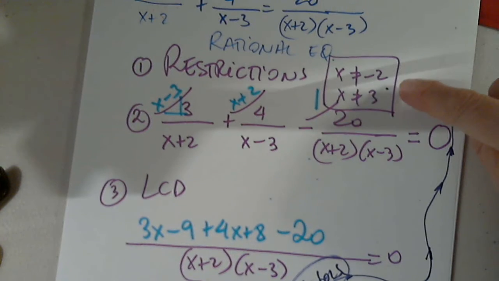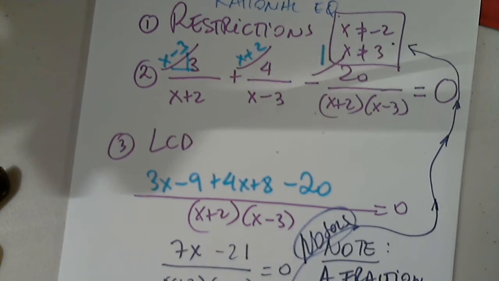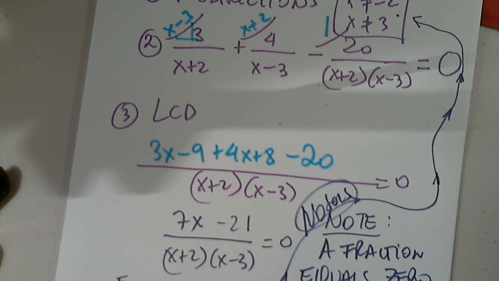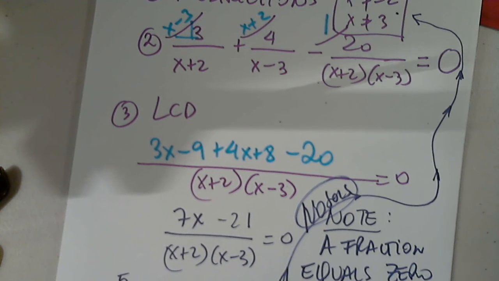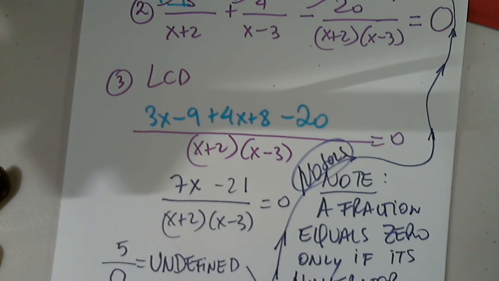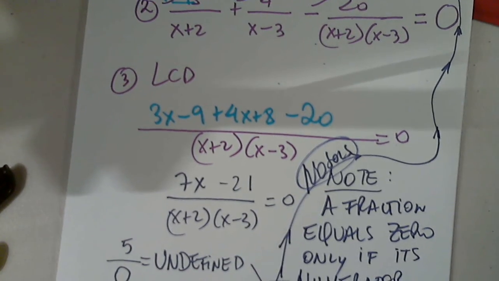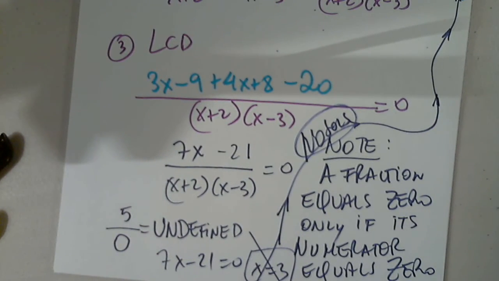That's why we did this from the very beginning, because the denominator can never be 0. So a fraction will be 0 only if the numerator is 0. Good, I'm glad we went over this because I thought that that was clear.